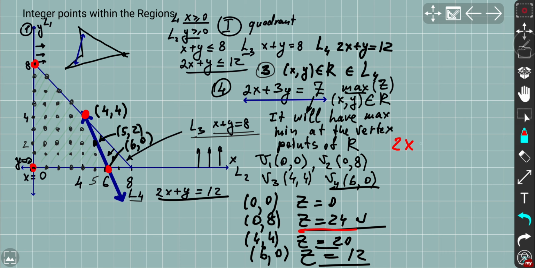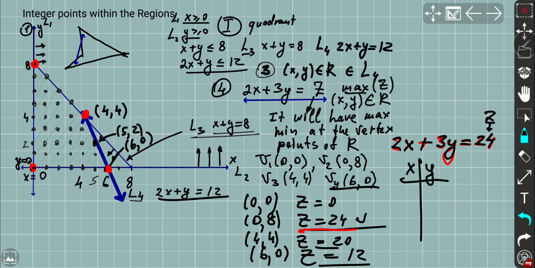So 2x plus 3y equals 24, because right now instead of z we've got the number. So one more time, 2x plus 3y equals 24. So right now we've got z equals 24, and we can show how this line goes.